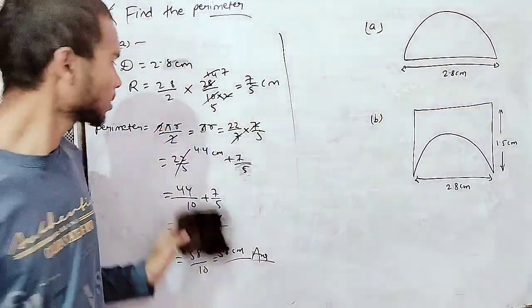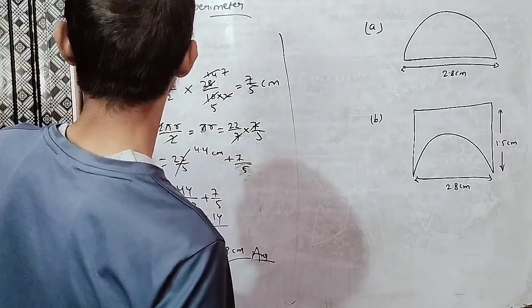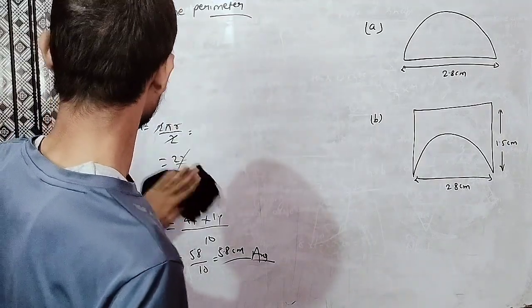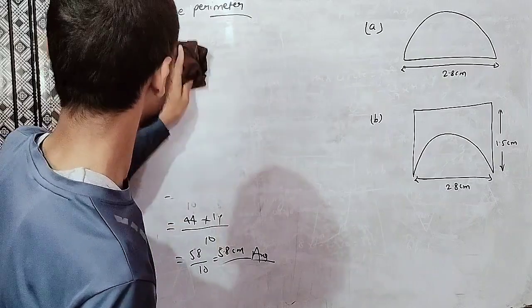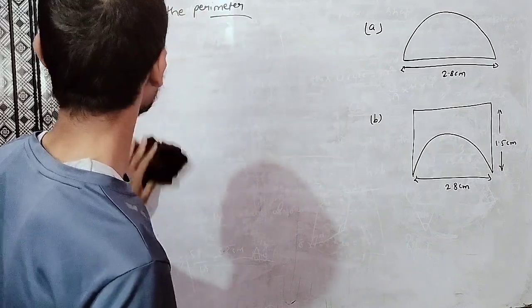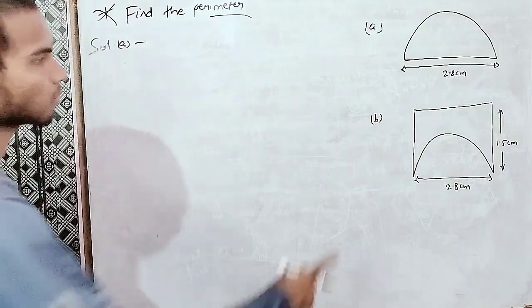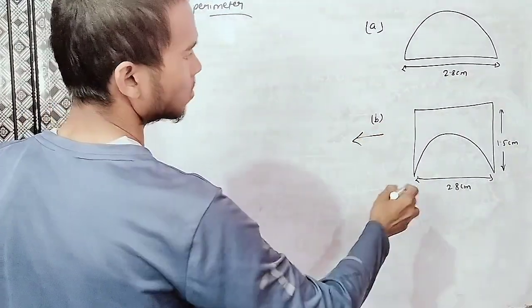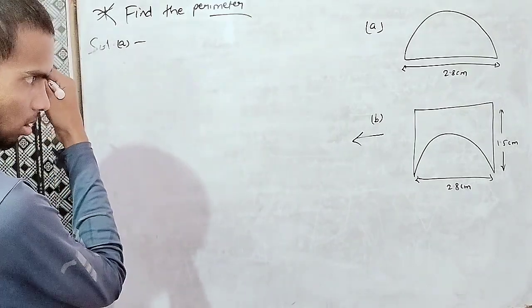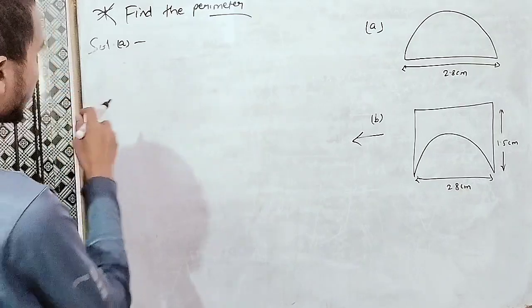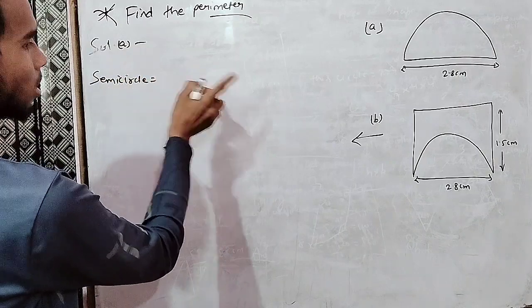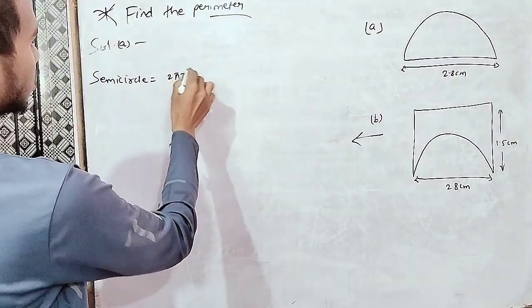Shall I erase it? Now it's done. Semicircle. Just pi r.